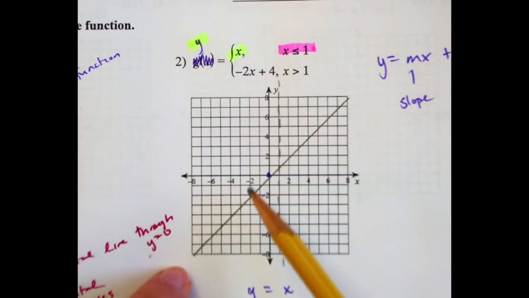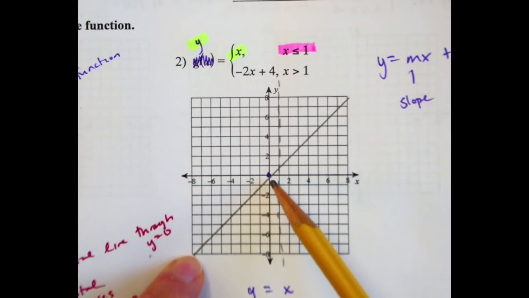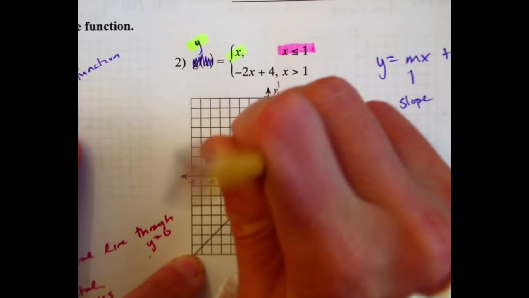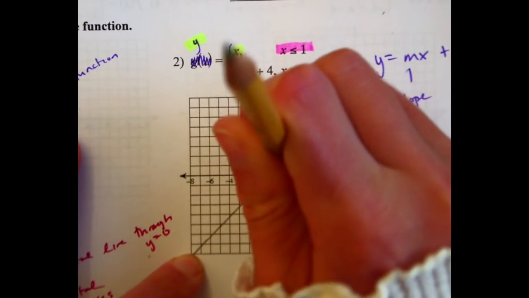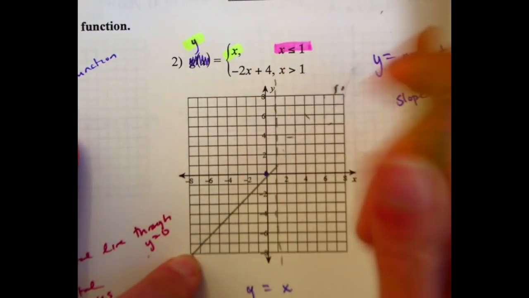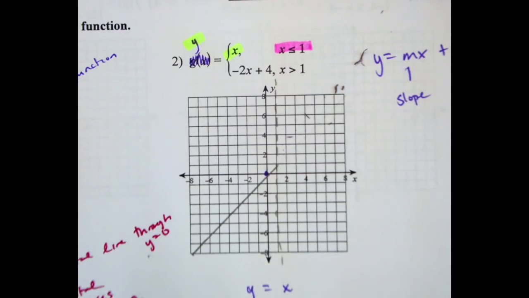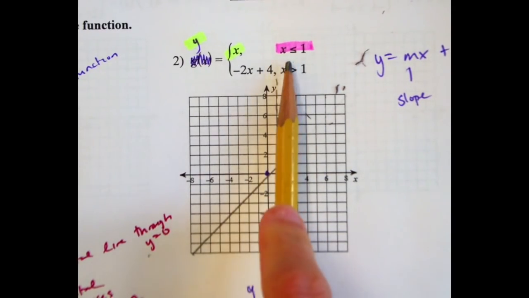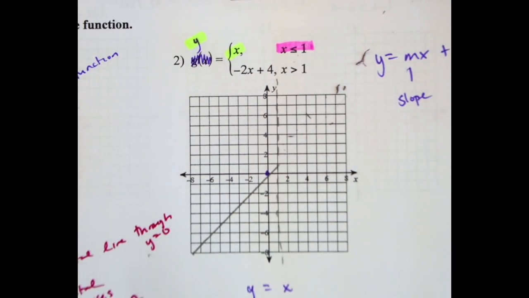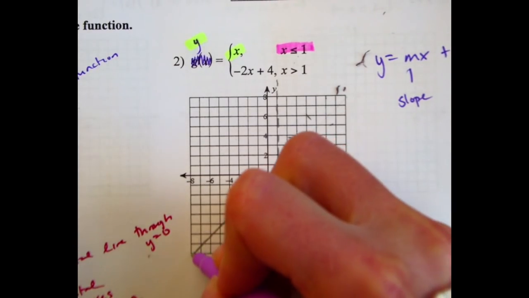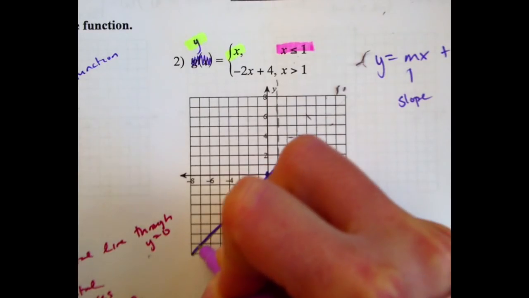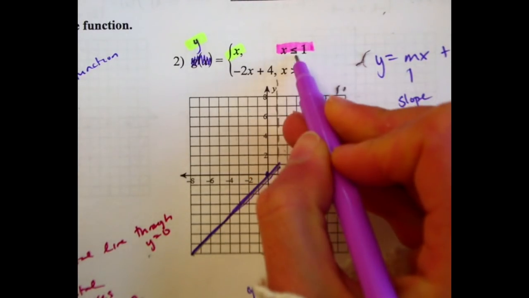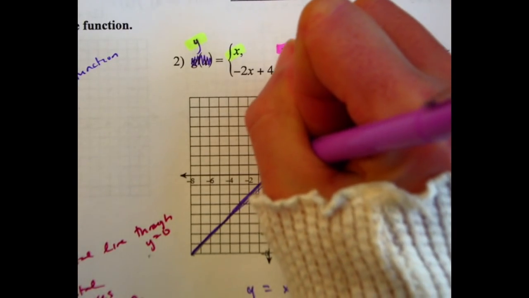So the left part is the real part, the part that exists. The right part is actually not real, it just goes away. This function only exists for the domain of x being less than or equal to 1. So there is the first part of my function. Because it's less than or equal to, I know I'm going to have a closed circle.